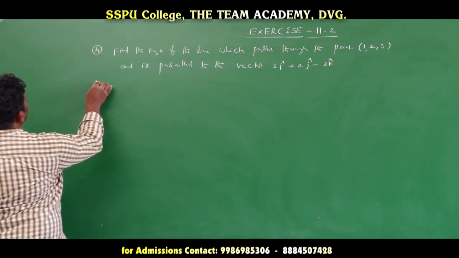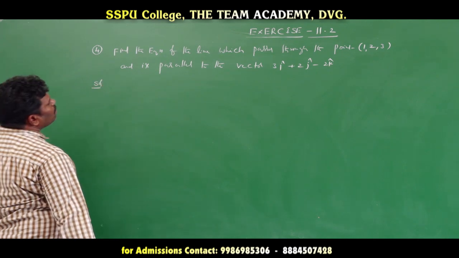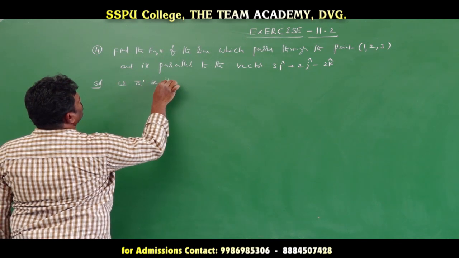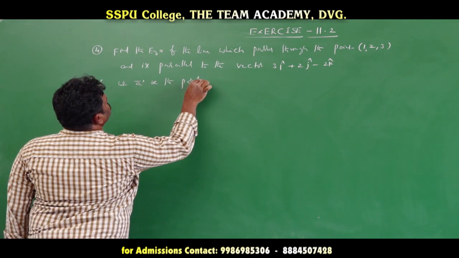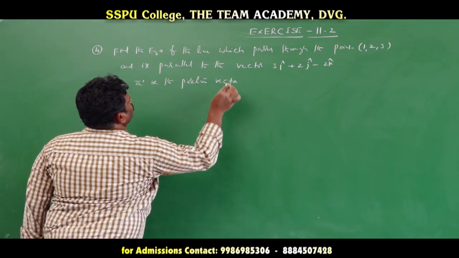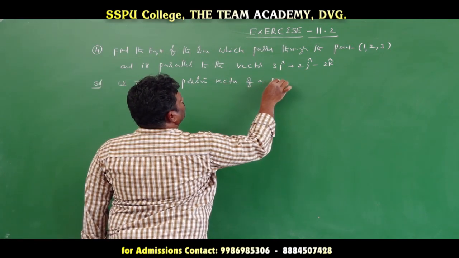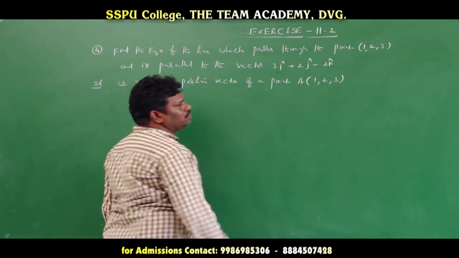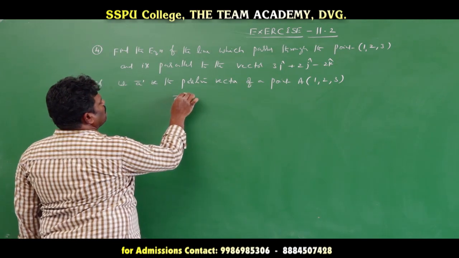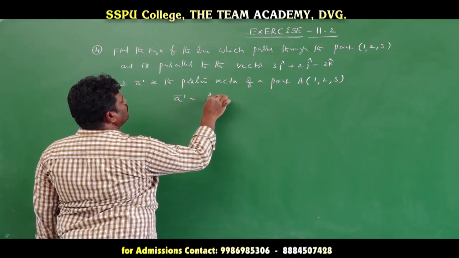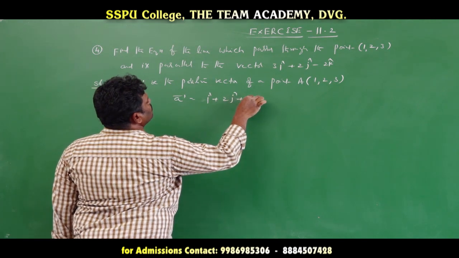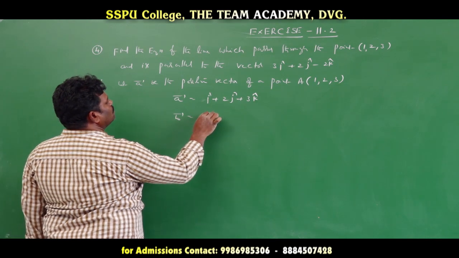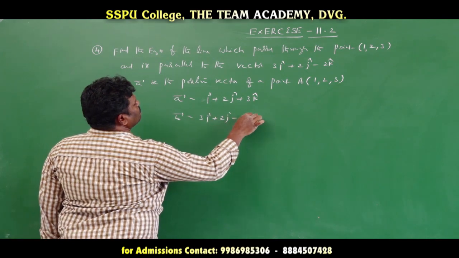Okay? Now let A bar be the position vector of the point A (1, 2, 3). So A bar is equal to I cap plus 2j cap plus 3k cap. Here the parallel vector is directly given: B bar is equal to 3I cap plus 2j cap minus 2k cap.